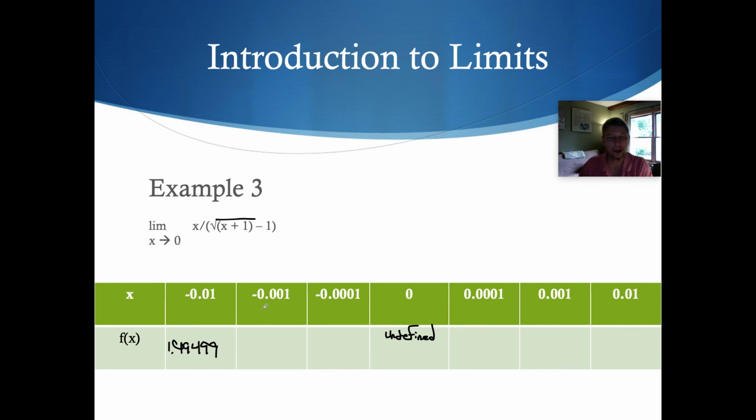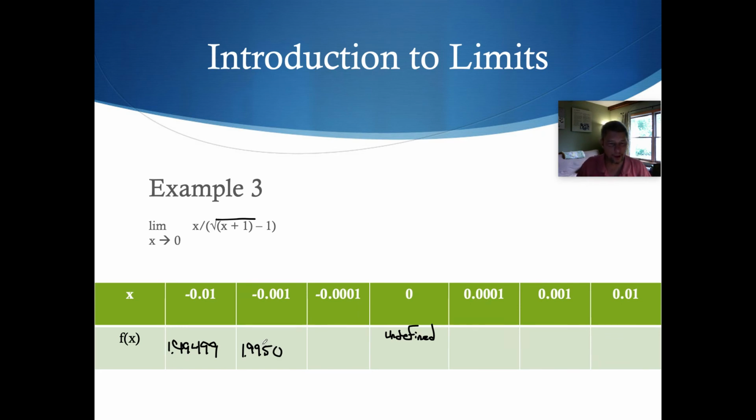If I plug in negative 0.001 here, I end up with 1.99950. Oops, I missed a 9.